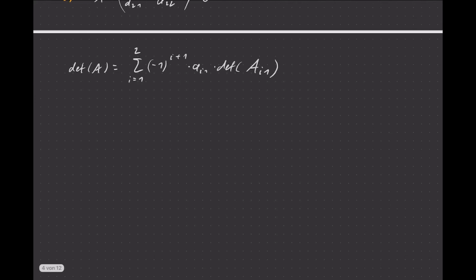So more precisely, what we have here is for i equals 1, we get minus 1 to the 1 plus 1 times A11 times the determinant of the cofactor A11, plus minus 1 to the 2 plus 1 times A21 times the determinant of the cofactor A21.